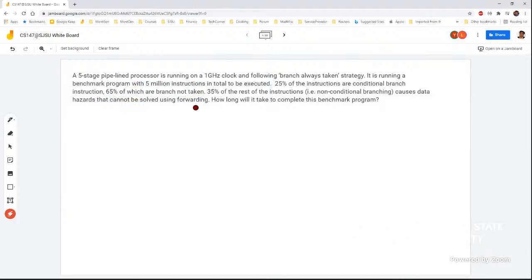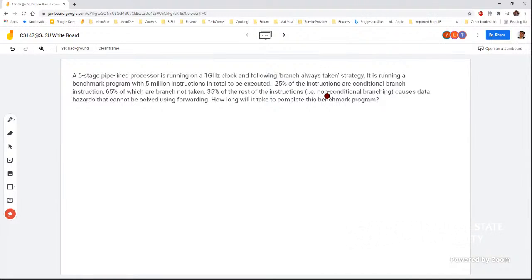Now 35% of the rest of the instructions, that is the non-conditional branching ones, cause a data hazard that cannot be solved using forwarding. So we have 25% of the instructions as conditional branches. That means 75% are non-branching instructions, something like a data processing instruction.